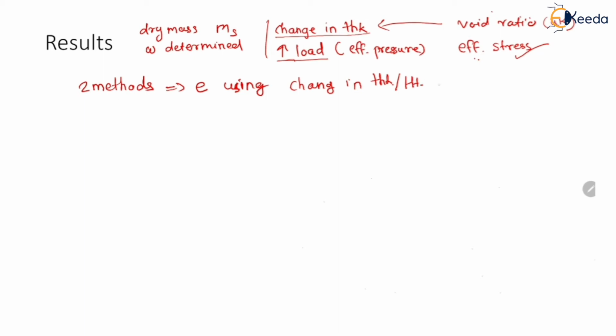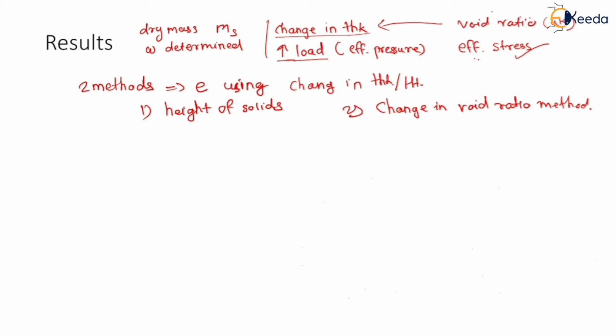The first method is the height of solids method, and the second method is the change in void ratio method. So let us first discuss the height of solids method.